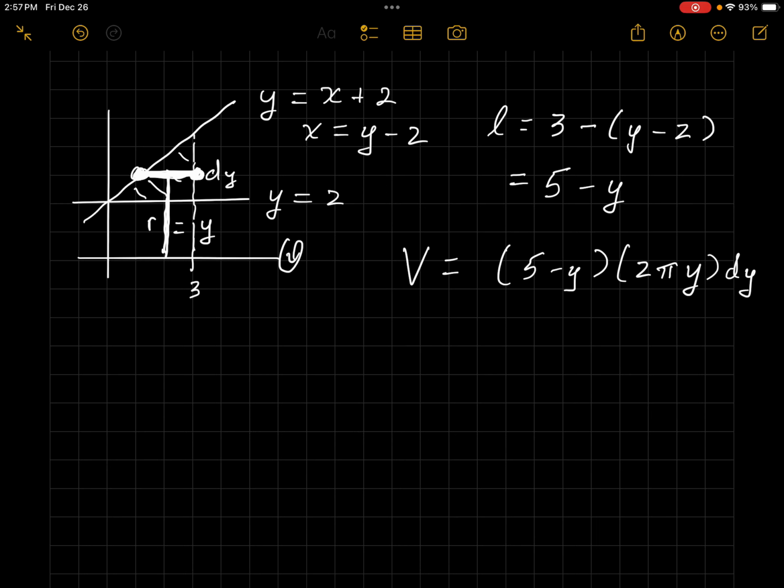And if I want to find the entire volume, we will add all of these cylindrical shells together. Now I'm going to rewrite this a little bit to make it prettier. So I'm going to pull the 2y to the front. Then I'm going to distribute this y back here.